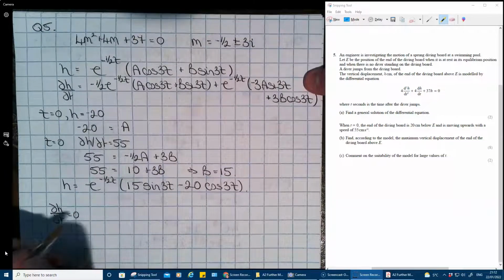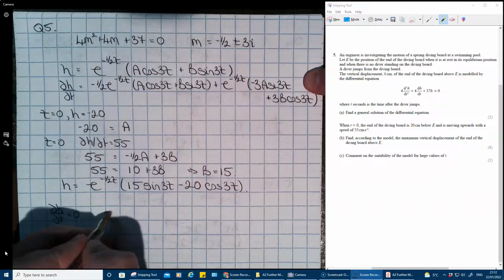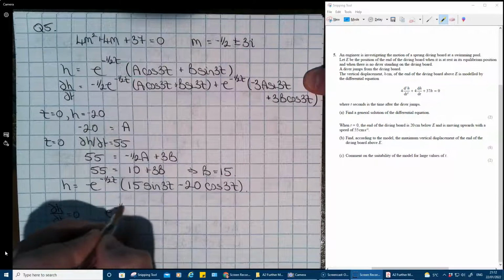I've already worked out dh by dt, so I'll take a factor of e to the minus a half t out.